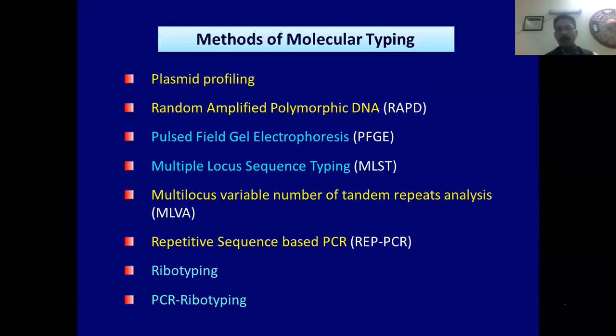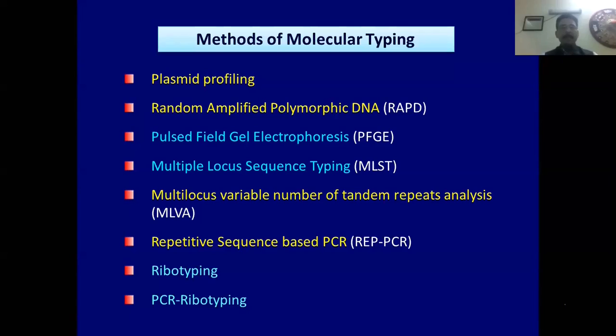Of course, this is not the exhaustive list. There are many other methods used, but most commonly used is Pulsed Field Gel Electrophoresis, which is considered as the gold standard for identification of the molecular type of a particular pathogen in an outbreak situation or epidemic situation.